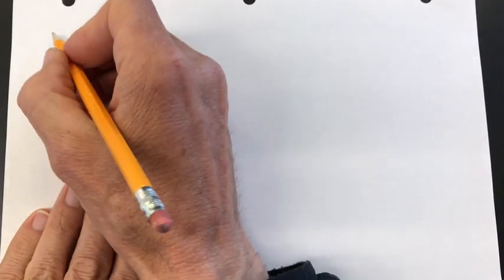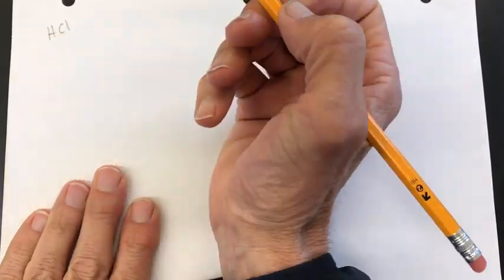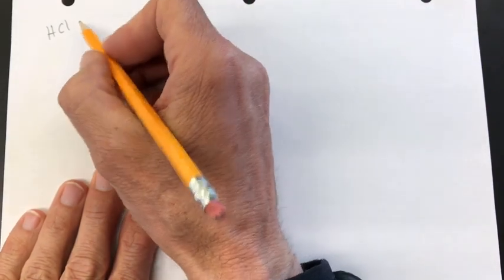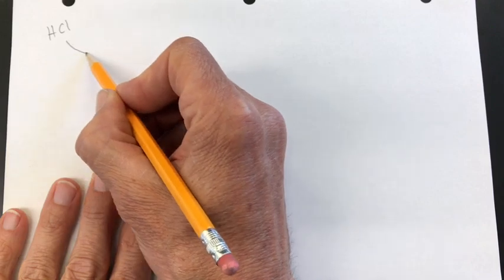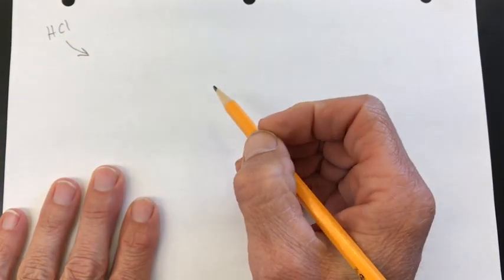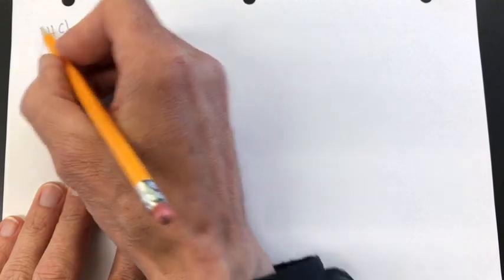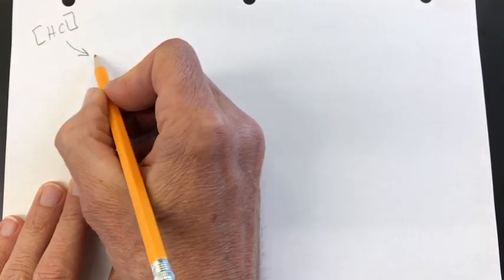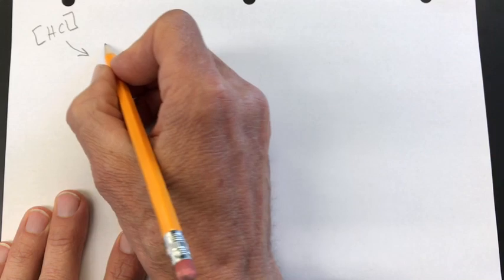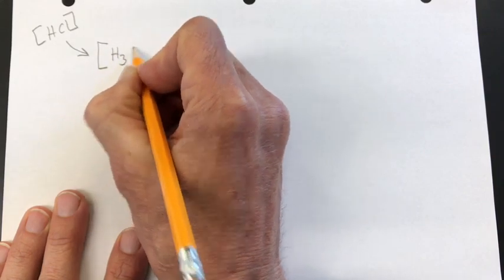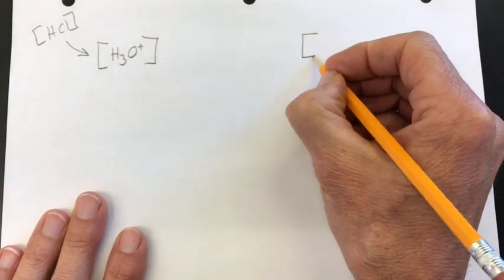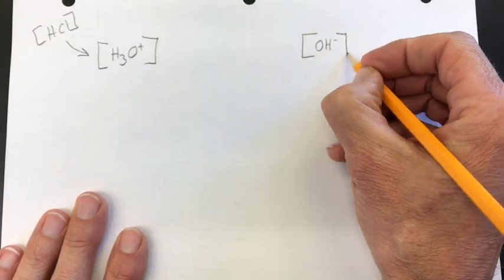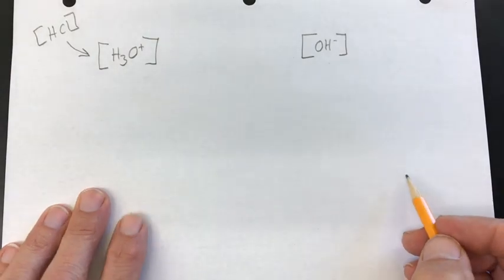So let's review a little bit of how this works. Let's say we have some hydrochloric acid, and we want to know what the concentration is. Since it's a strong acid, whatever its concentration is will equal the hydronium ion concentration. How could I figure out the hydroxide ion concentration if I know the hydronium ion concentration?